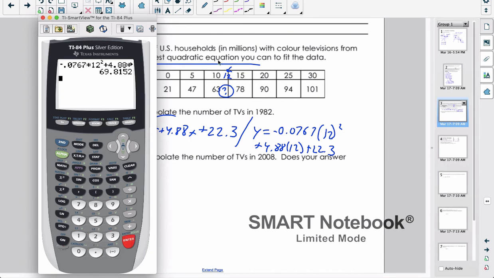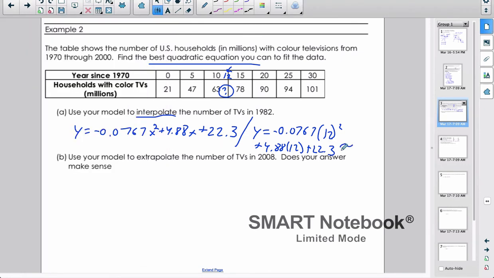Okay, we can do that on the calculator. And we get 69.8, which is approximately 70. Because it's an estimation, we can't really be too accurate with it. So about 70 million TVs had televisions in the year 1982.